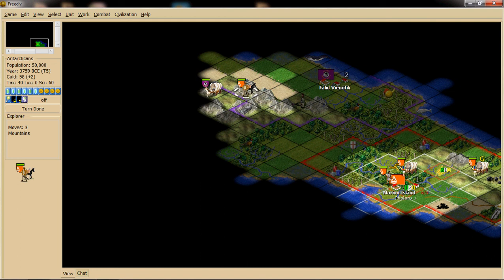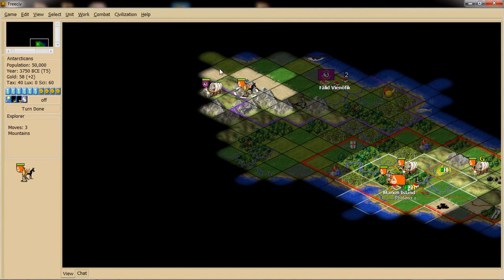Zones of control are not limited to just a single unit. For example, let's say that this plains tile right here up here had a different nation's unit on it. That unit would be casting a zone of control to these tiles, as well as the other tiles we can't see that are hidden in the undiscovered area.